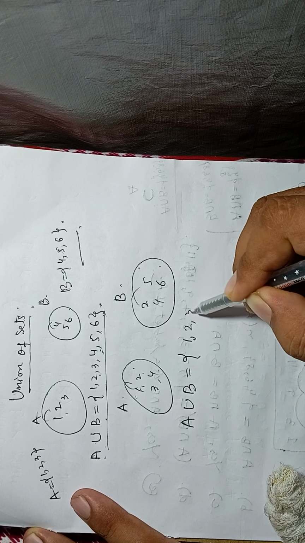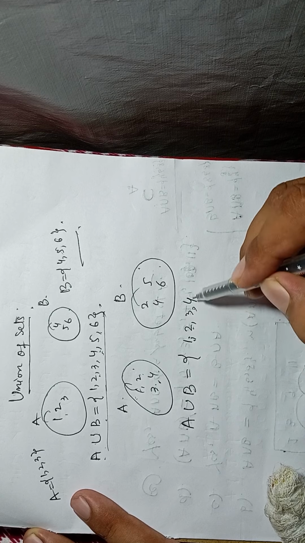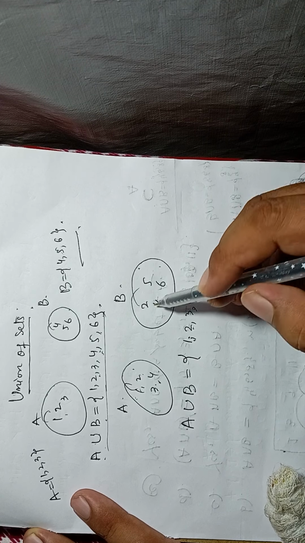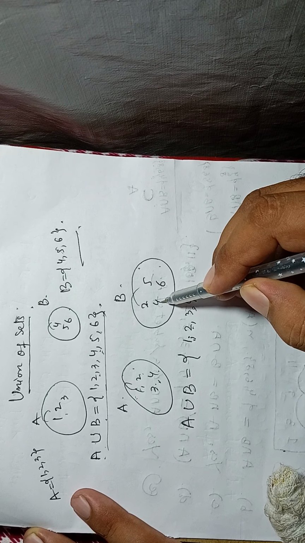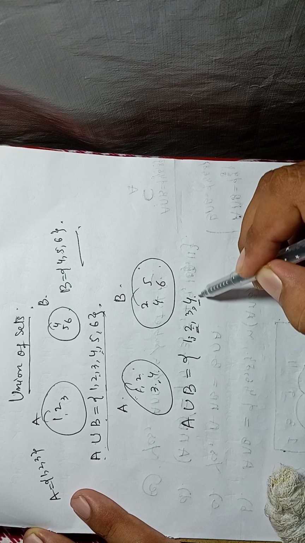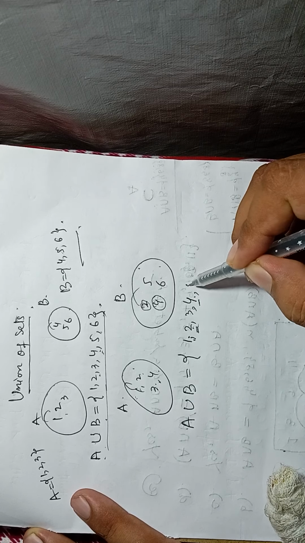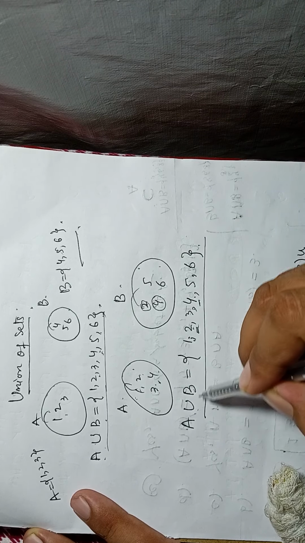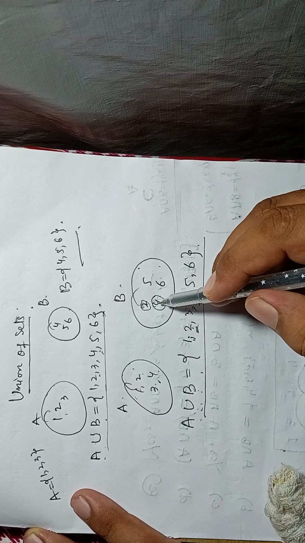First I will write the elements of A. Afterwards I will write the elements of B. But here once again you can see 2, 4 is here, but 2, 4 is already written. We don't need to repeat the same number. So these 2, 4 I will not write once again. I will write simply 5, 6. This is the union of these two sets, A union B.